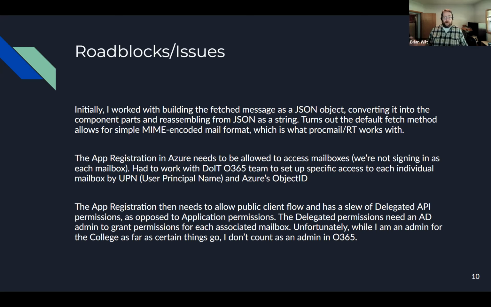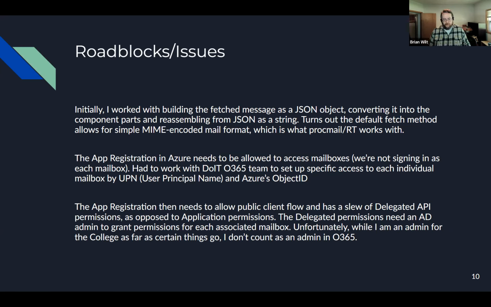So I had to work with an AD admin to grant permissions. I am an administrator for certain email related things for the college, but I do not count as an admin in O365. So it took quite a bit of communication, negotiation, and scheduling meetings to try and figure out how to do this.